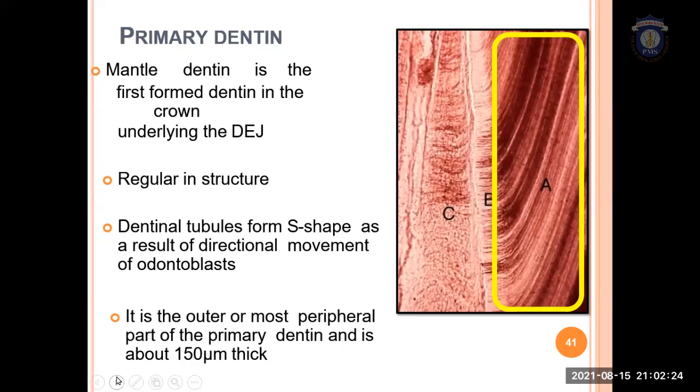It is the outer or most peripheral part of the primary dentine, and is about 150 micrometers thick. The S shape is formed as the odontoblast changes direction as it moves. After each layer of dentinal tubule is laid, the odontoblast will move backward towards the pulp. That is why they have an S shape.